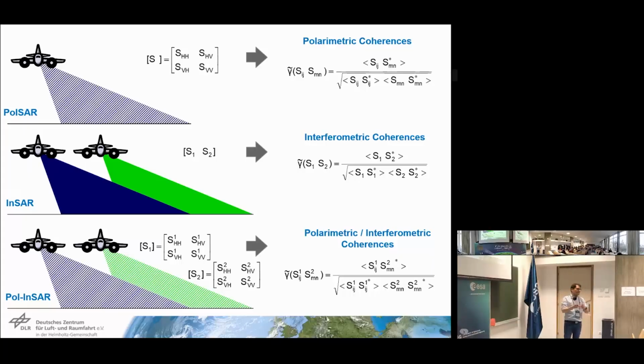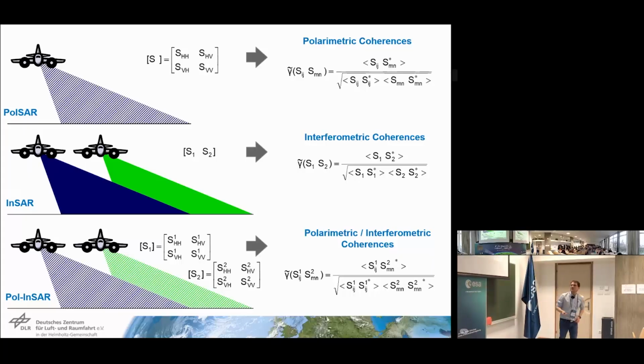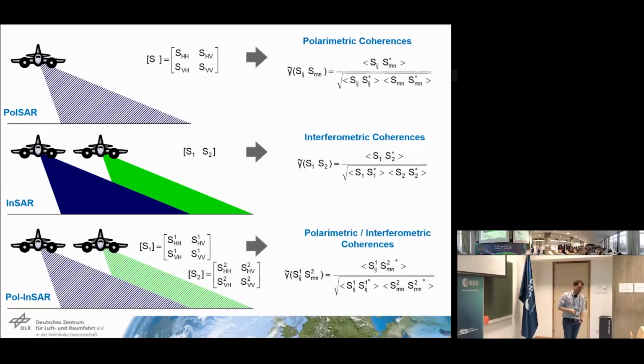Now in polarimetric interferometry, you can calculate the coherence between images of different acquisitions and of different polarimetric channels. So you can make all the possible combinations, and it will look like this. You see, basically it's the same concept which is common to all these three frameworks.